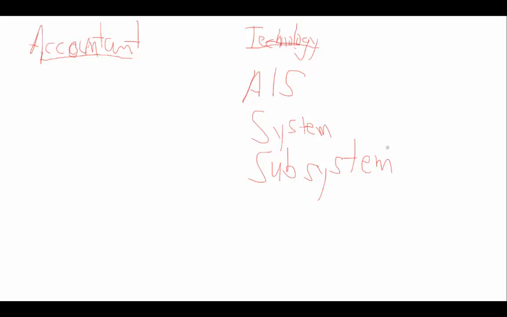So we've got an AIS that we can actually define as a system that records, processes, reports on transactions to provide financial, non-financial information that we use to make decisions and fulfill financial reporting obligations.